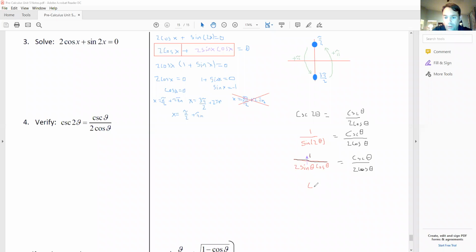So cosecant theta over 2 cosine theta equals cosecant theta over 2 cosine theta. And again, we have the same thing on both sides. So therefore, it is proven. So we can say we're done.